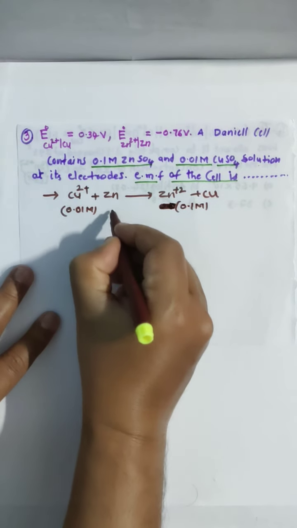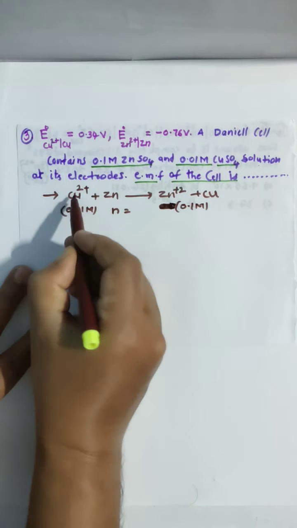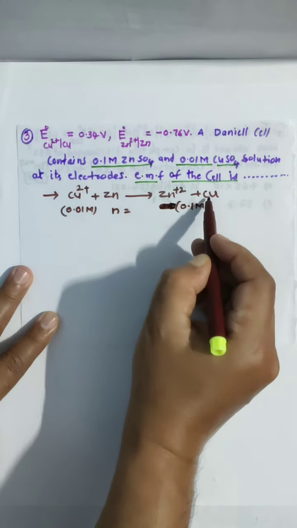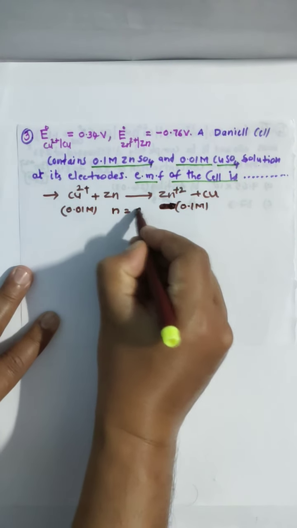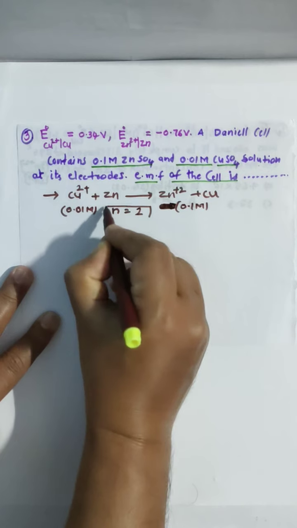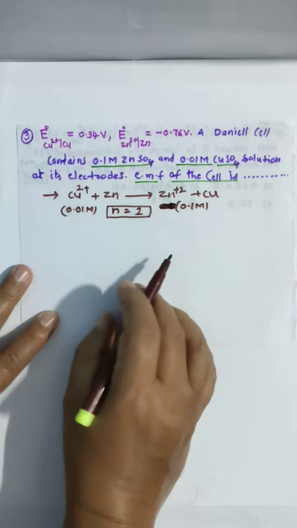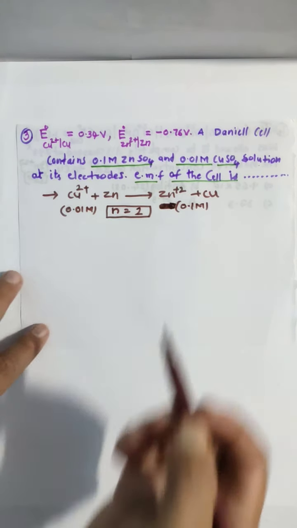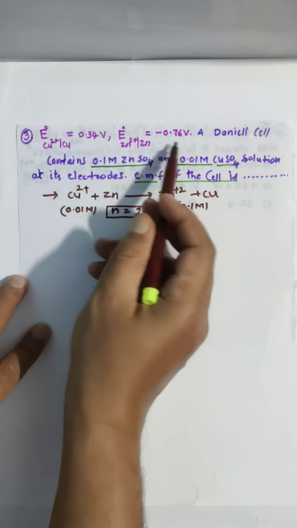Now we need the n value. See here, Cu2 plus to Cu means 2 electrons are changed. So the concentrations we got and the n value we got. E naught values are also given here.